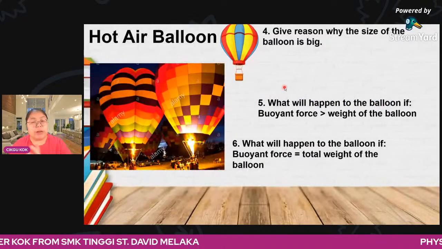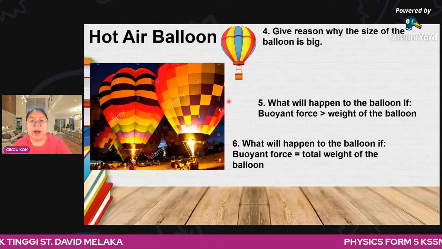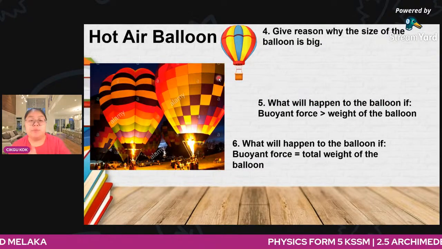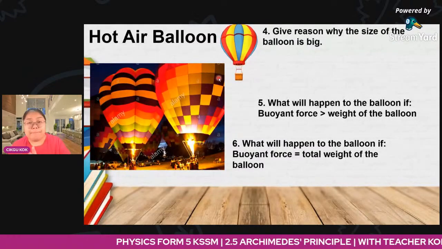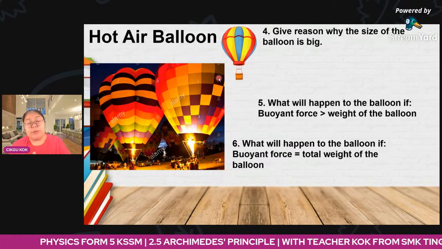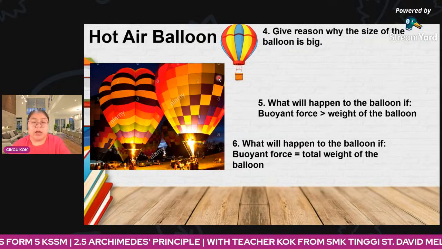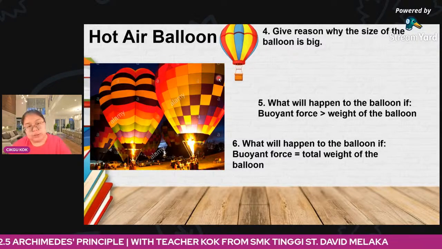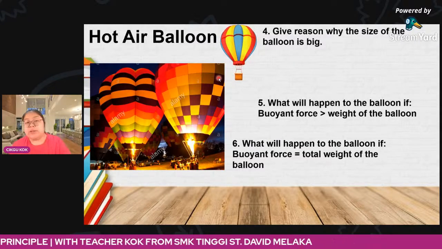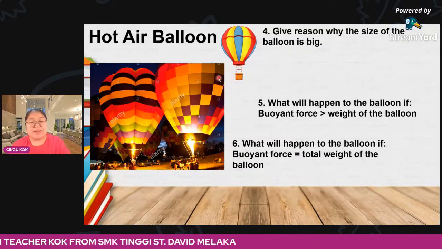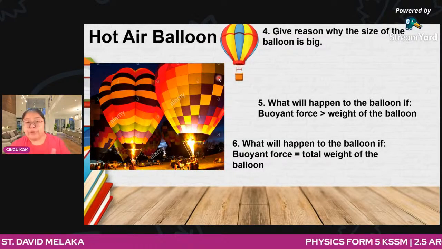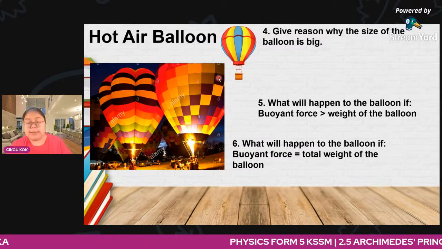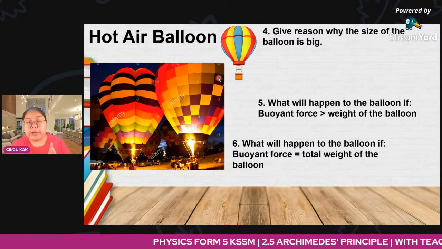Okay, we continue to number 4. Give a reason why the size of the balloon must be big. I just told you already. The size must be big so it can trap more air. When it traps more air, the volume becomes higher. The volume of liquid, sorry, this one is not liquid, this one is a gas. So when the air is trapped in the big hot air balloon, the volume of the air also increases.